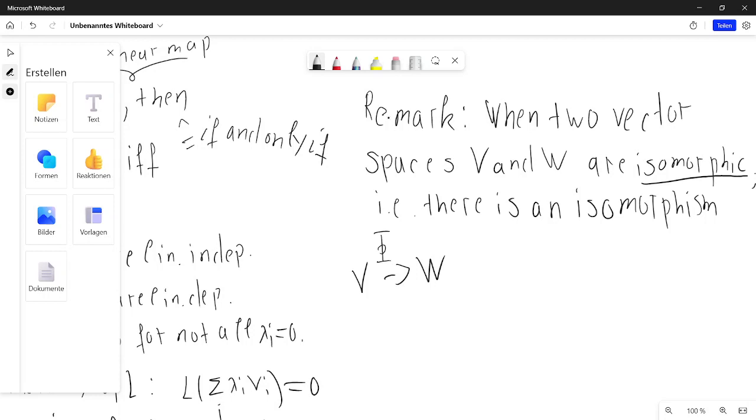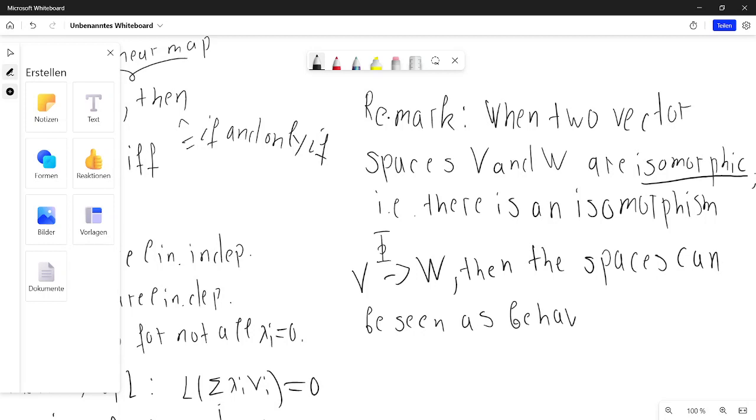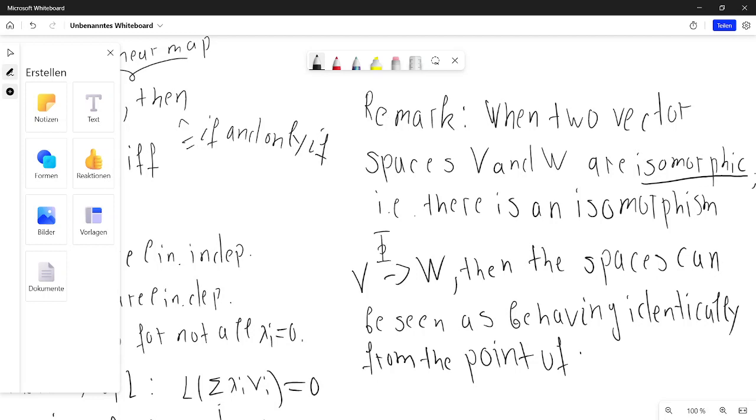When there is such a linear map, then the spaces can be seen as behaving identically from the point of view of linear algebra.